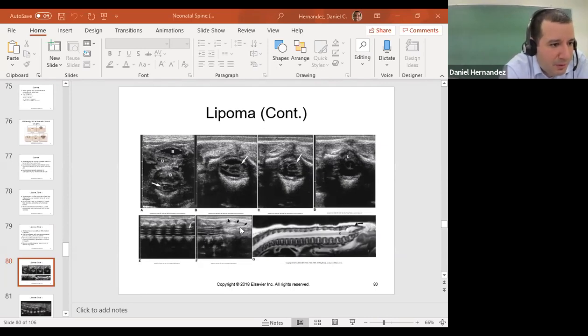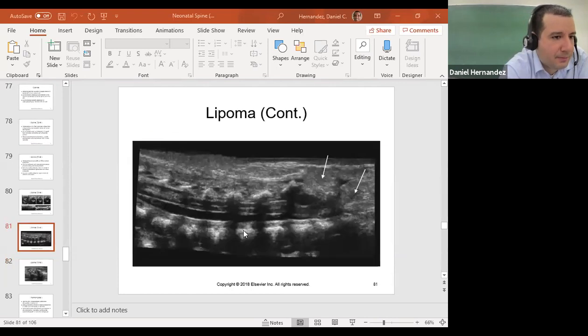This is a lipoma, the fibrous lipoma along the filum terminale. Again, you can see here the area of the lipoma. Another second lipoma along the filum terminale.